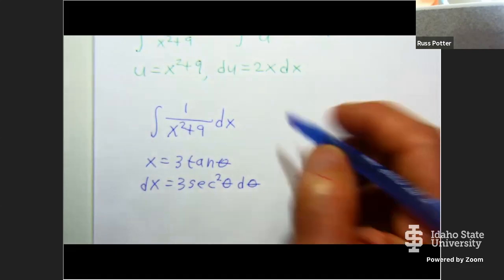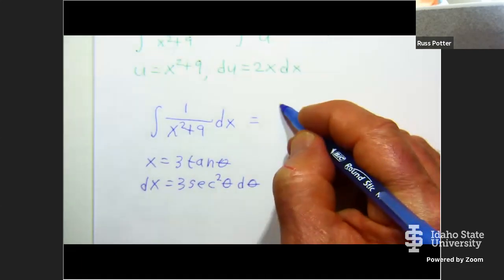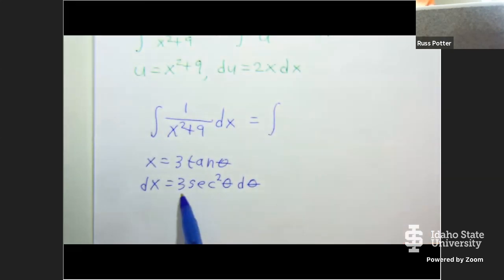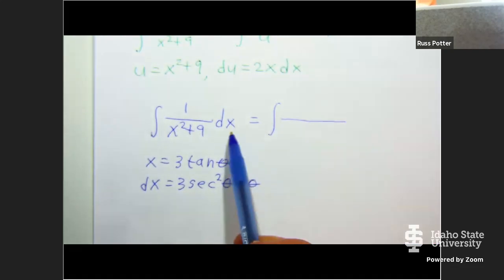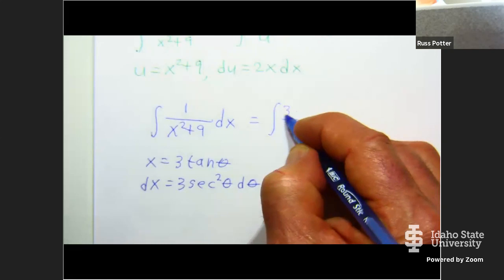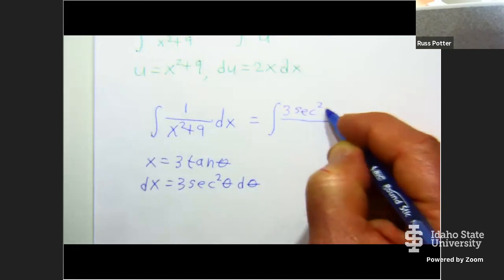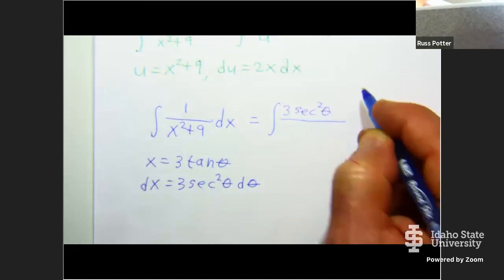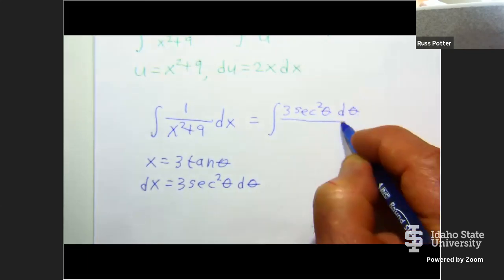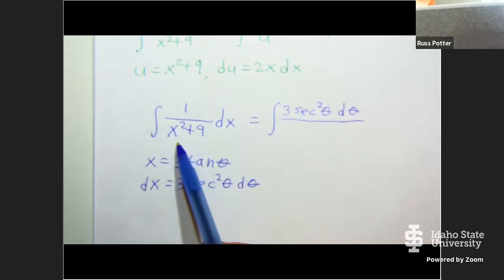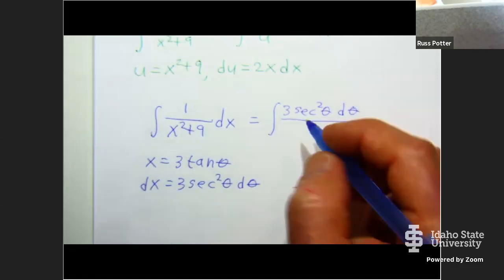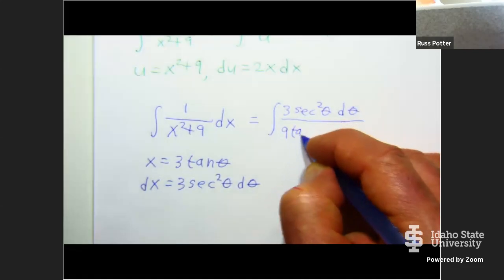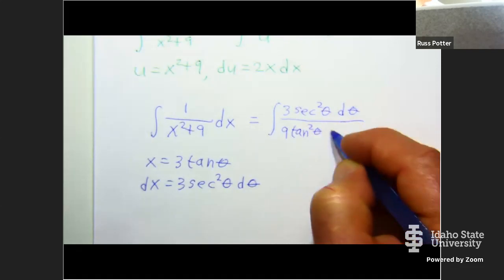So we make substitutions. For convenience, I'll just put dx in the numerator, since dx is in the numerator. So we get 3 times secant of theta squared d theta. And then replace x with 3 times tangent of theta. So x squared is 9 times tangent of theta squared, and then plus 9.